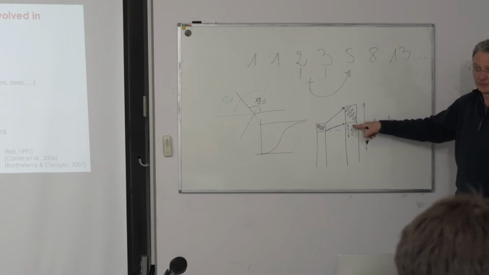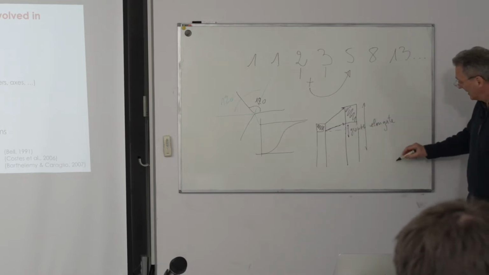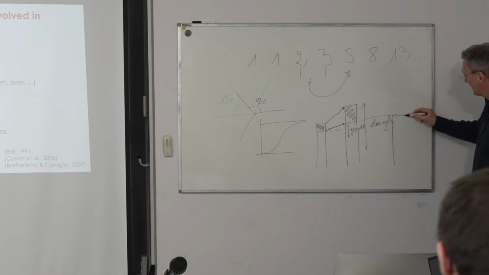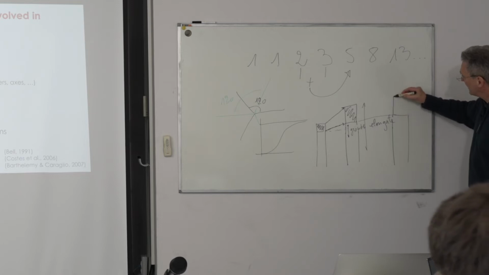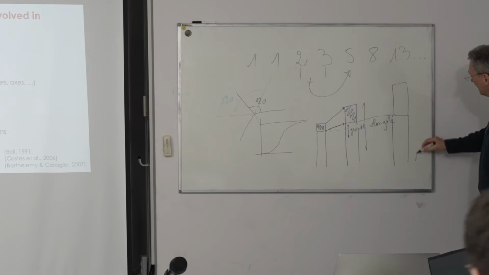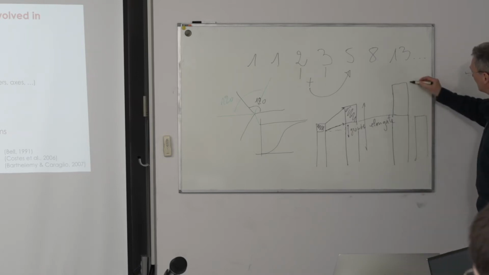The cells will stop dividing. And then this position will stay the same. And then this will grow a bit more, but not too much. And then after some time, it will stop growing.